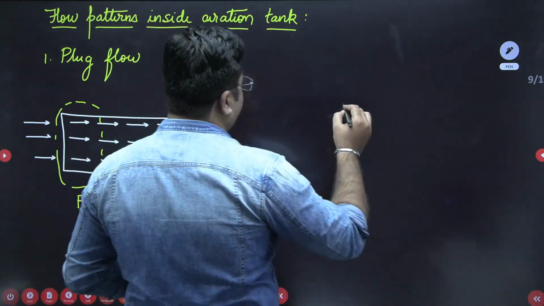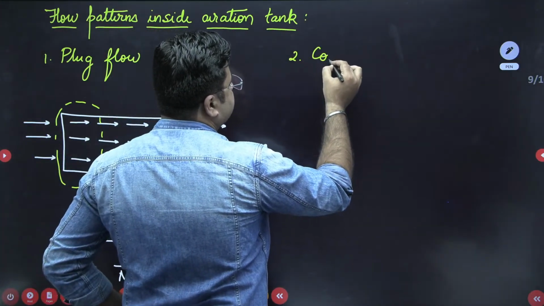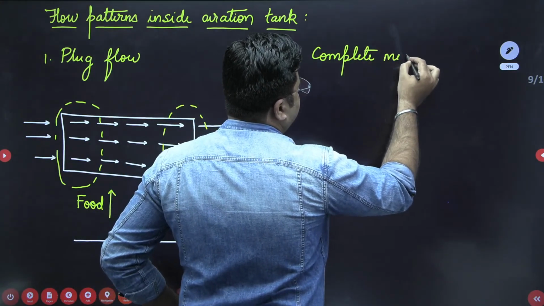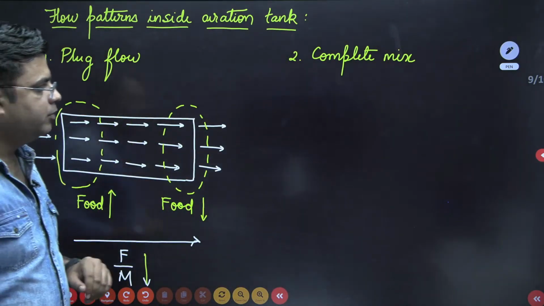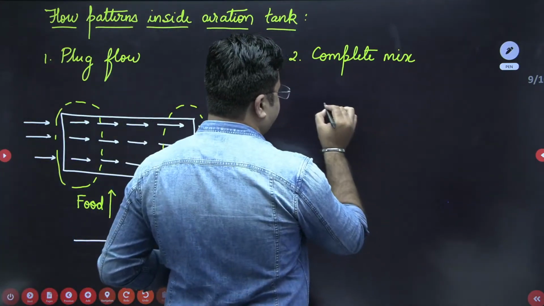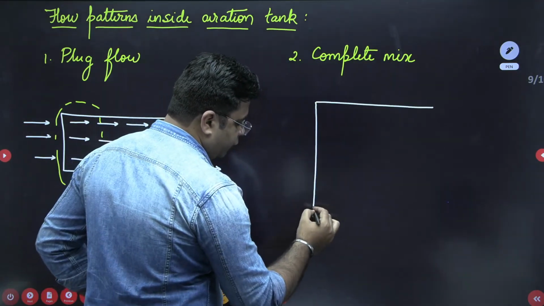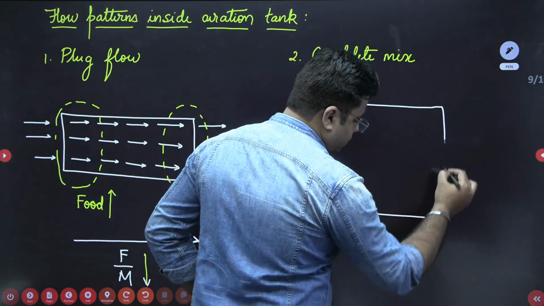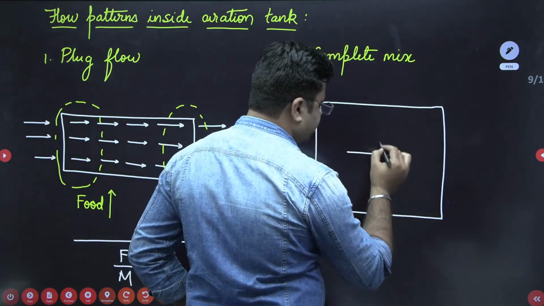The second type of flow pattern that can be made inside the aeration tank is complete mix. Now what happens inside complete mix is we mix the entire volume of wastewater. The entire volume of wastewater is mixed.